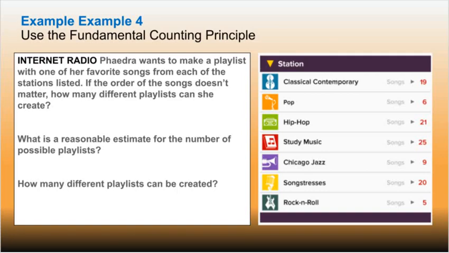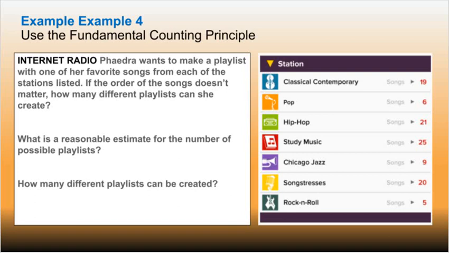Next, Phaedra wants to make a playlist with one of her favorite songs from each of the stations listed. If the order of the songs doesn't matter, how many different playlists can she create? We're going to do what is a reasonable estimate for the number of possible playlists, and then how many different playlists can be created. This is a two-part question.